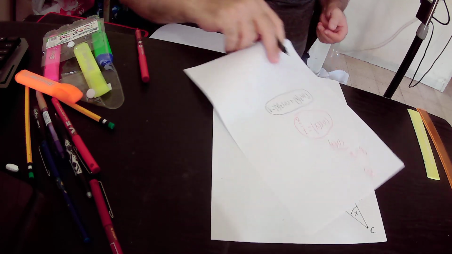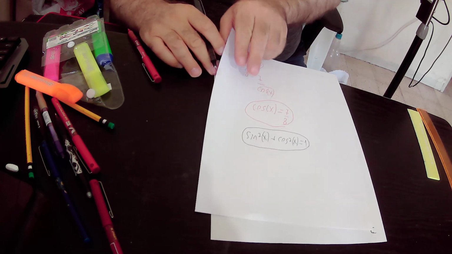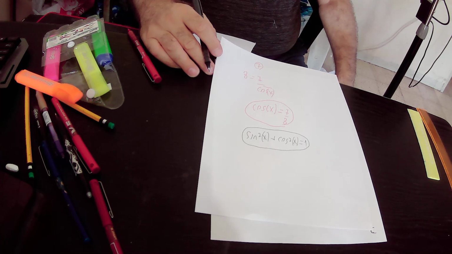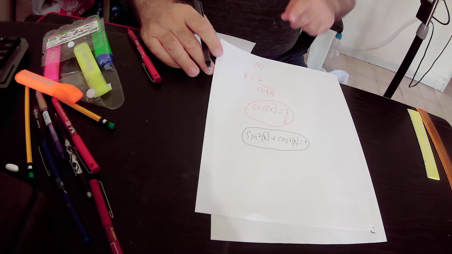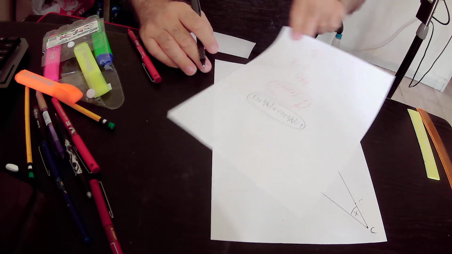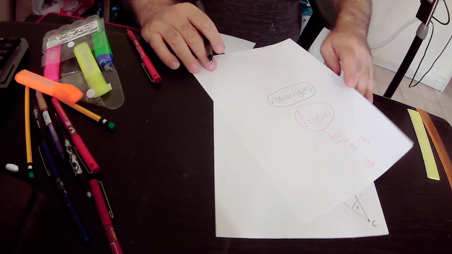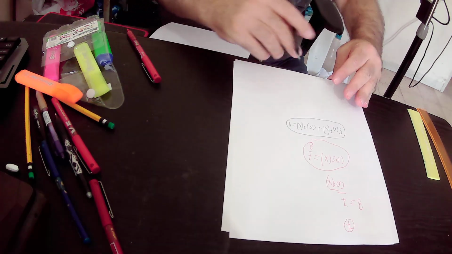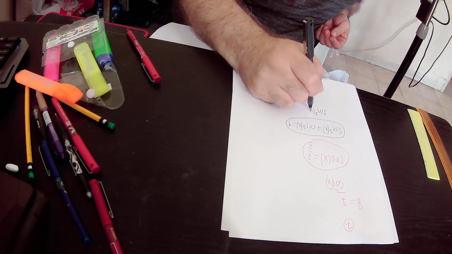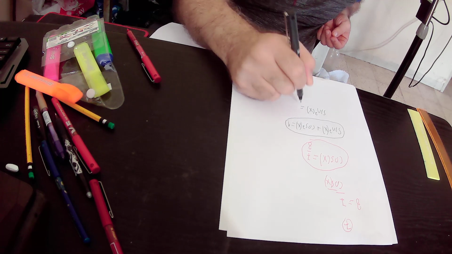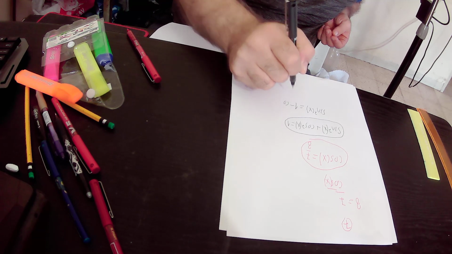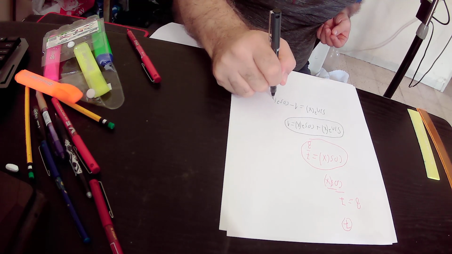Okay, we have this trigonometric identity, and from it we will find out the value of sine x. Here we will subtract cosine square x from this identity, and we will get that sine square x equals 1 minus cosine square x.